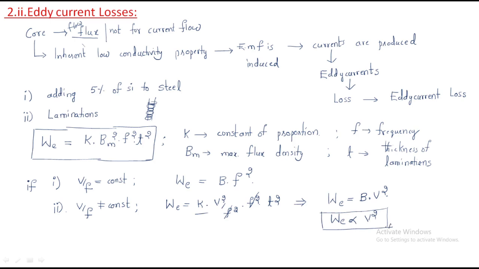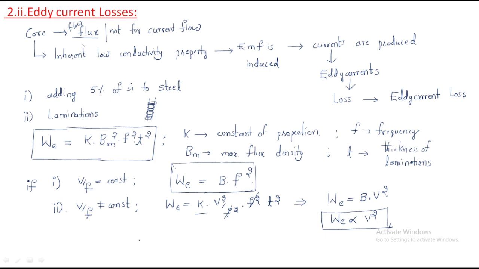So we have two conditions. The first condition: eddy current loss is proportional to F square. The second condition: eddy current loss is proportional to V square.